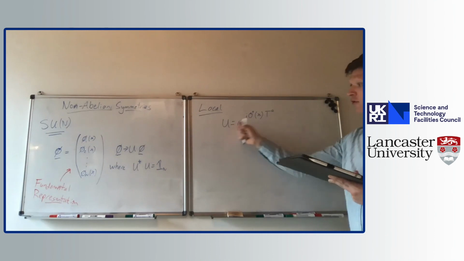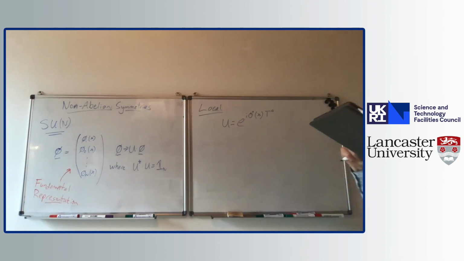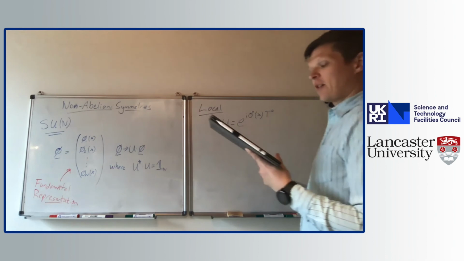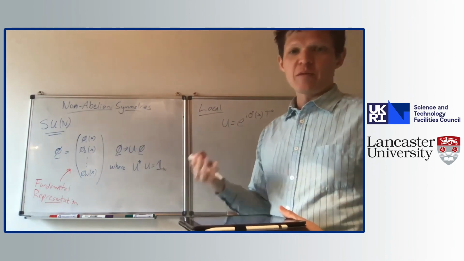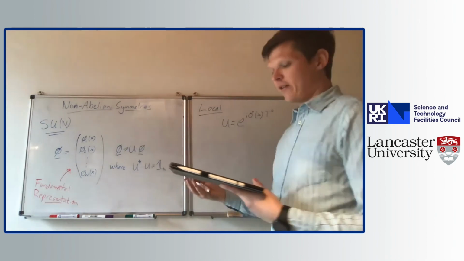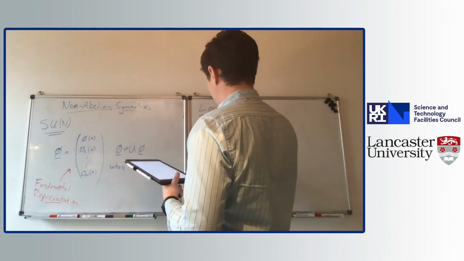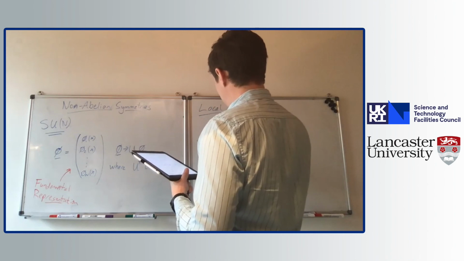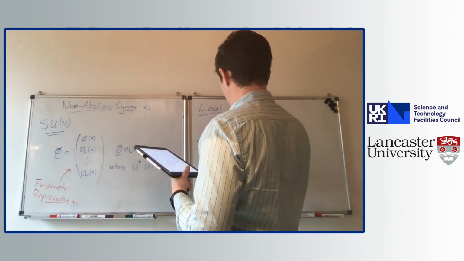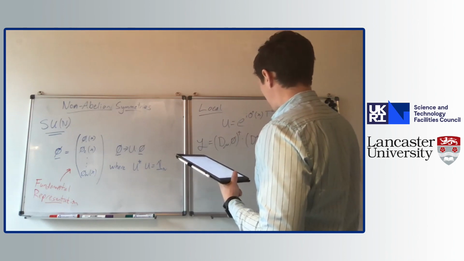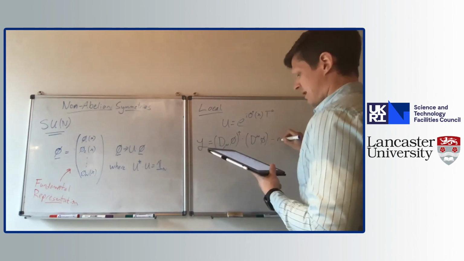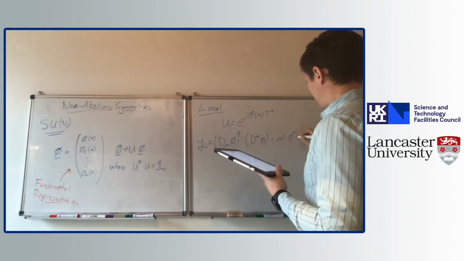And here now this unitary matrix depends on the space-time coordinates. All we do now to make our theory invariant is exactly what we did for the abelian case. We promote our derivatives to covariant derivatives. So now L becomes big D mu of phi, Hermitian conjugate, times big D mu of phi, minus m squared phi dagger phi.